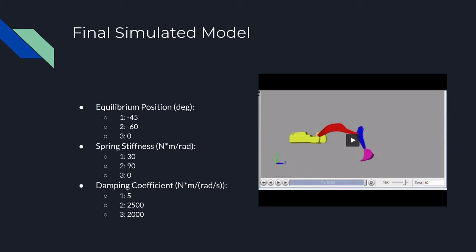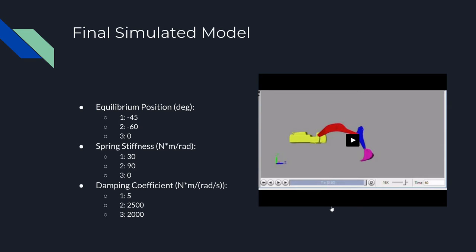Additionally, on the stick, we added an additional rubber band to help with any movement. And then the bucket is more free flowing, which is the reason why it has no spring stiffness. And as far as damping coefficients are concerned, once again, the motors are going to help there to create any friction or keep the object still and not move.